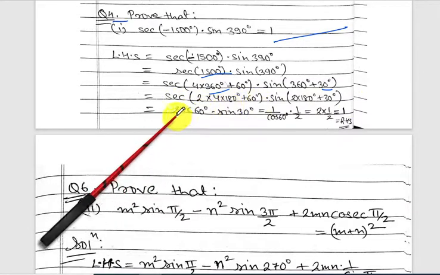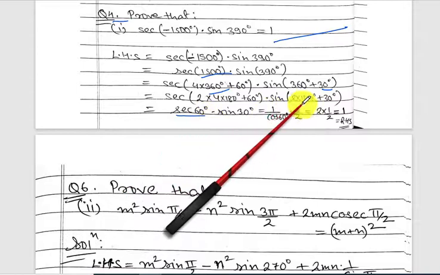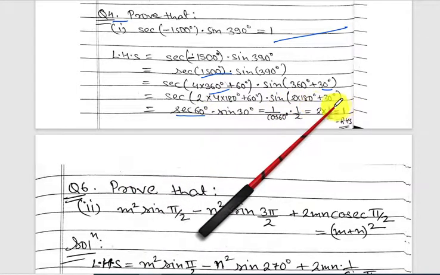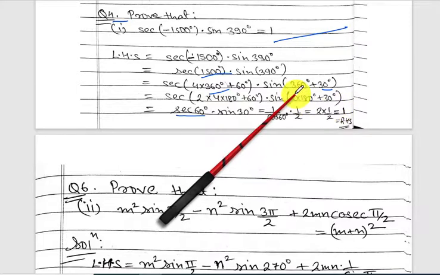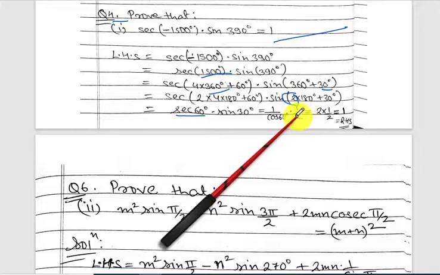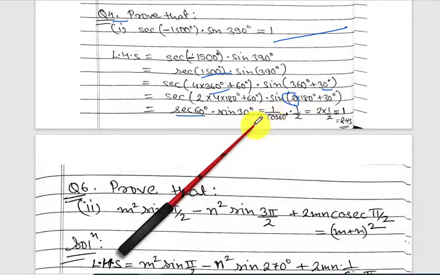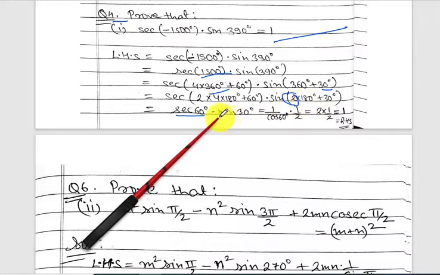And here for this sine 2 into 180 plus 30, you can see that 2 is even over here. So sine will remain sine, and this whole thing lies in the first quadrant, so you get this.